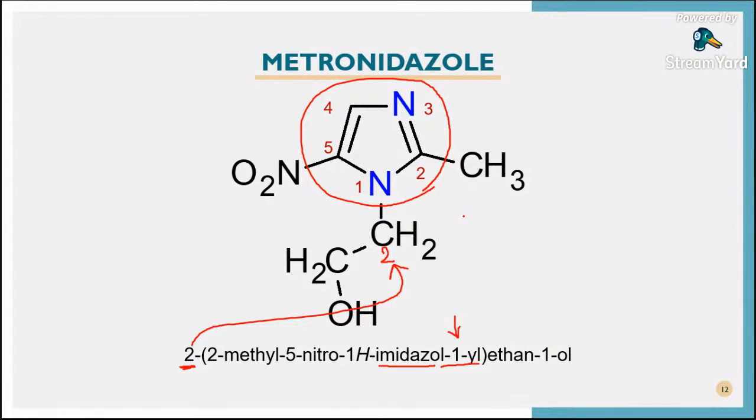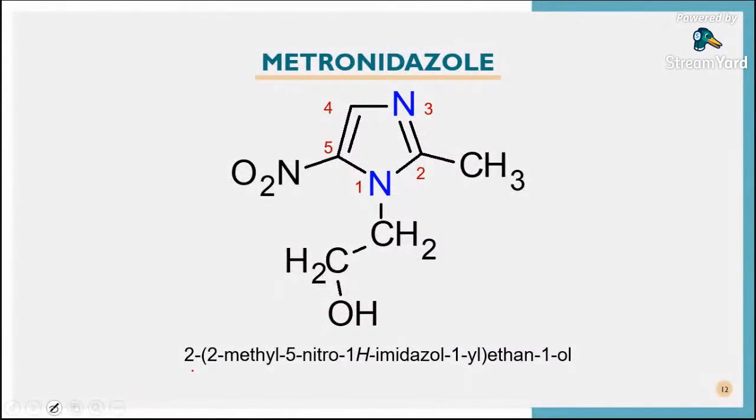Because it does not contain multiple bonds, that 1H is always there. Once there is a multiple bond, meaning a carbon-nitrogen double bond, at that time only you don't consider this H, because this name is generated through IUPAC nomenclature software. So this software also gives the 1H name, because it indicates why this 1H.